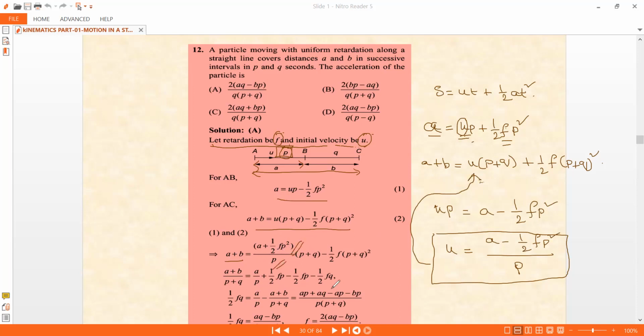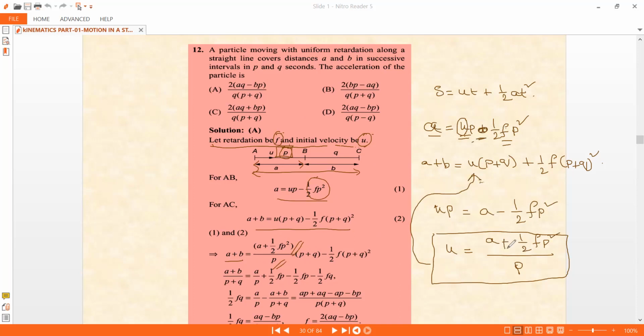After this, because F is the retardation, you can take the negative sign. So in that case, F is acceleration, and you can choose accordingly. F is the retardation. Retardation is a negative of acceleration. You can take the negative sign and then go ahead with this problem. Okay, it's up to you.